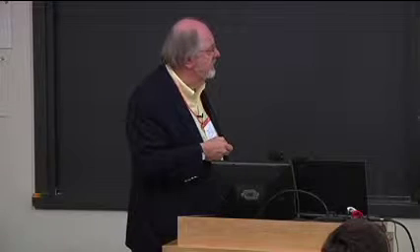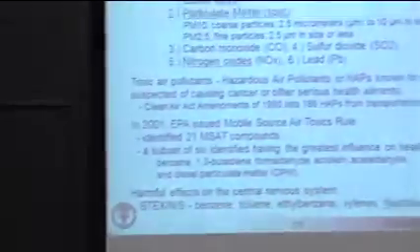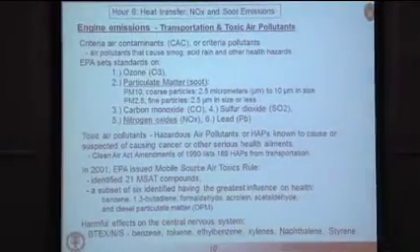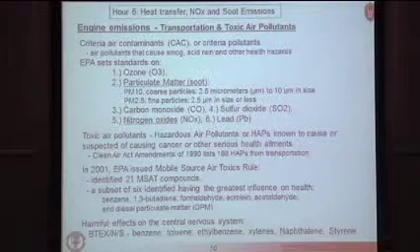Of course, the EPA has a long list of what they call air toxics, mobile source air toxics. There's 21 of those, but there's 6 of them that are particularly noxious: benzene, butadiene, formaldehyde, acetaldehyde, and so on. And, of course, diesel particulate matter.